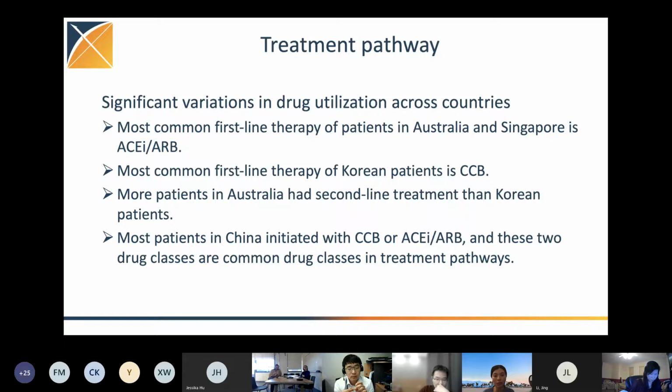And it seems Australian patients have more patients on second-line treatment than those in Korea. And most patients in China initiate calcium channel blockers or ACE and ARBs, and those two drug classes are the most commonly prescribed classes on the treatment pathway.